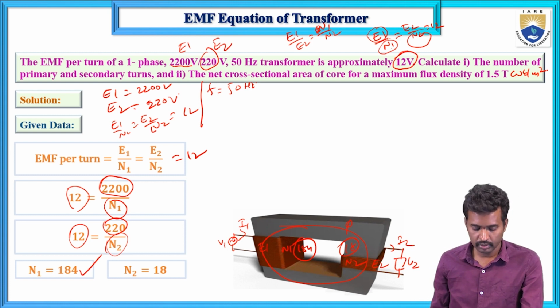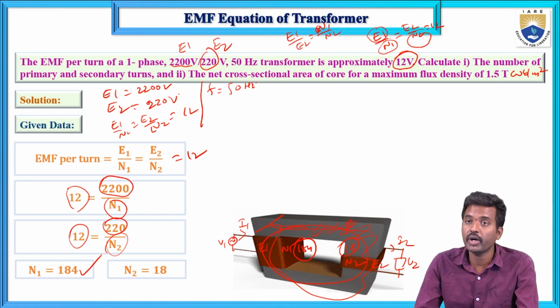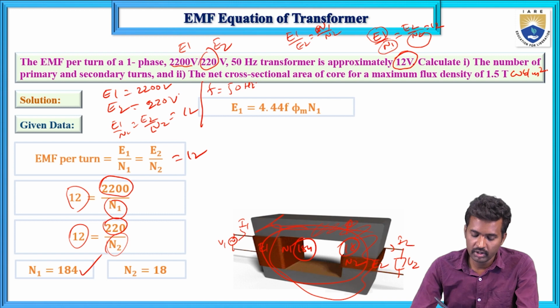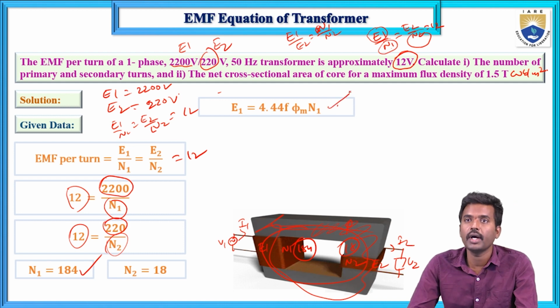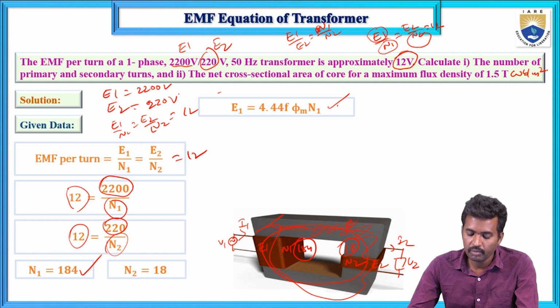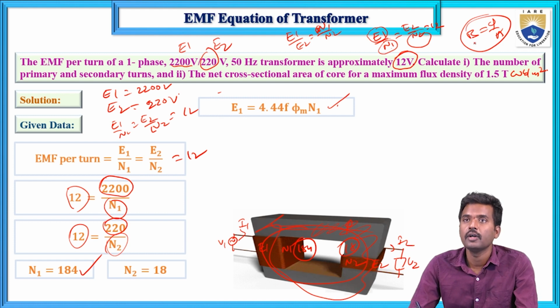Now next, the cross-sectional area of the magnetic core, with maximum flux density of 1.5. We know this formula, E1 equals 4.44 F into phi m into N1, and here phi equals B into A. Flux per unit area is known as the flux density, Weber per meter square.